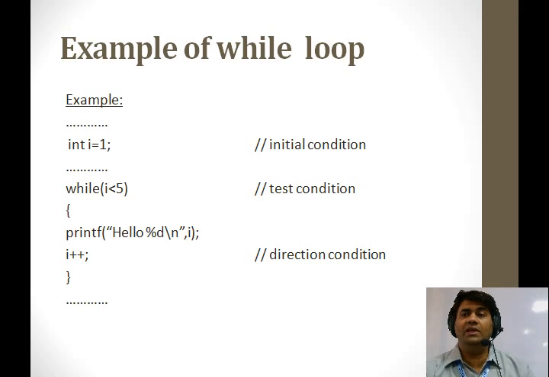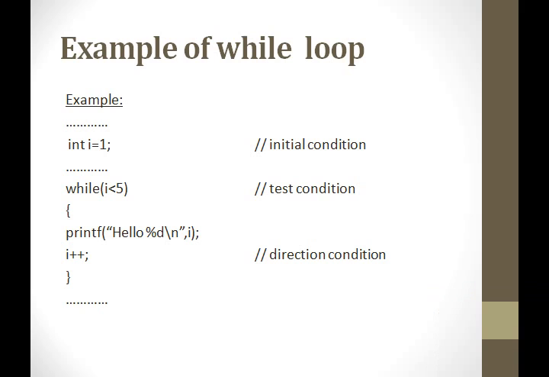In between you have the body of the loop, and again similar to the previous program, it will print hello, and for the first time it will print hello 1. i will increment, again repeat the loop, 2 less than 5, hello 2 will be printed. i will become 3, 3 less than 5, hello 3 will be printed, and so on. It will print till hello 4. So it is very much similar to the previous program. I have not changed any condition.